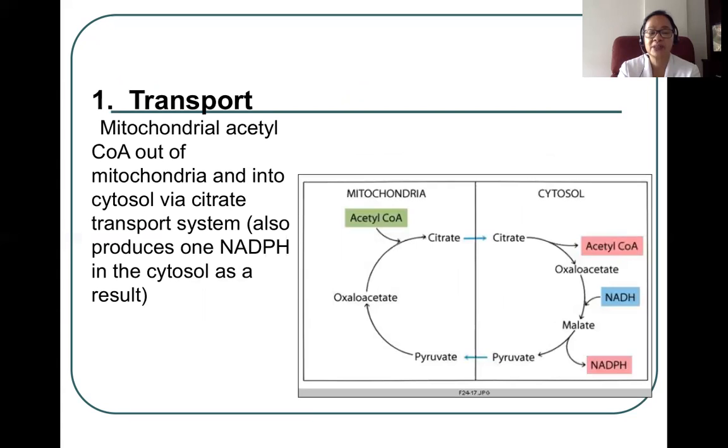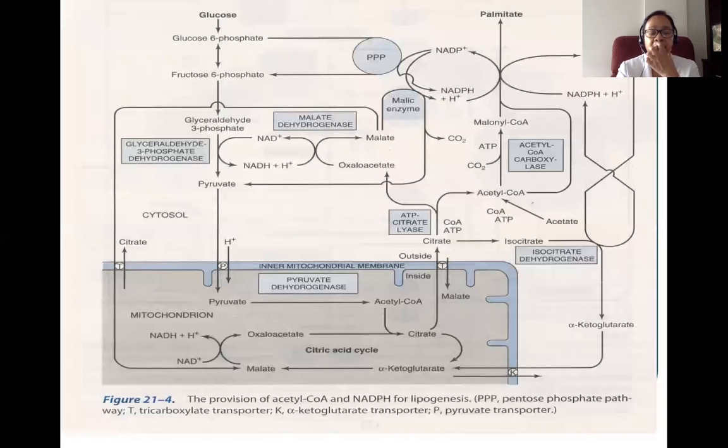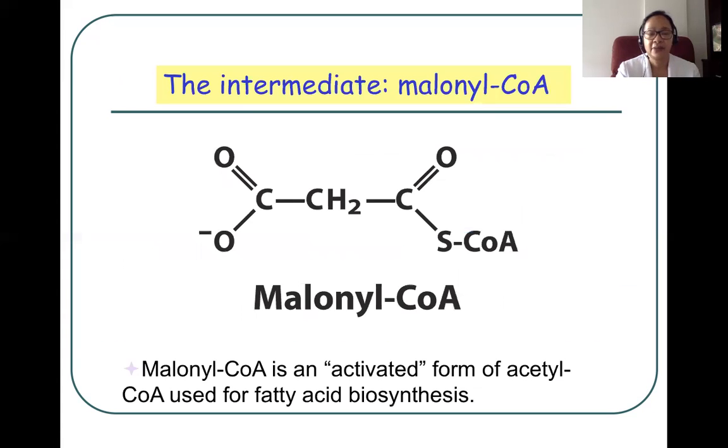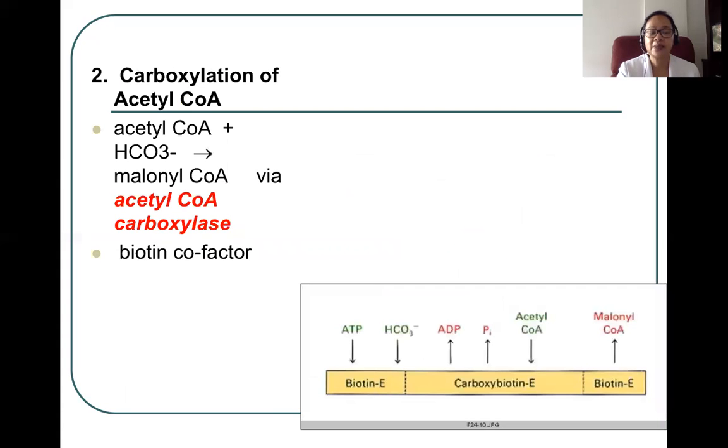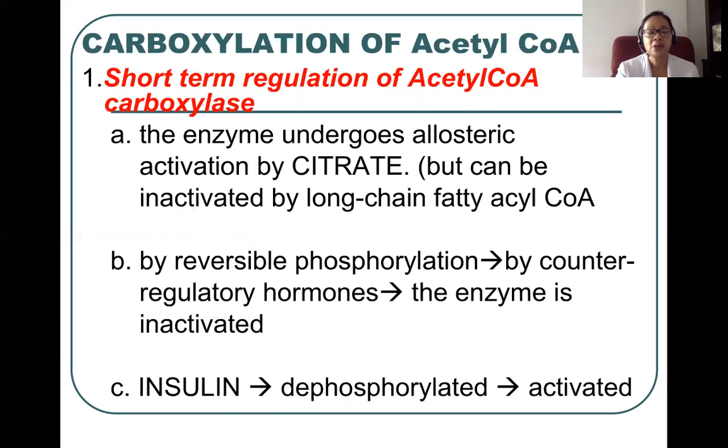So this is how it is being transported, and then the formation of malonyl coenzyme A after it is carboxylated. Biotin is one of the cofactors, and also the bicarbonate. The carboxylation of acetyl coenzyme A is regulated both short-term and long-term. For short-term regulation, the enzyme undergoes allosteric activation by citrate.